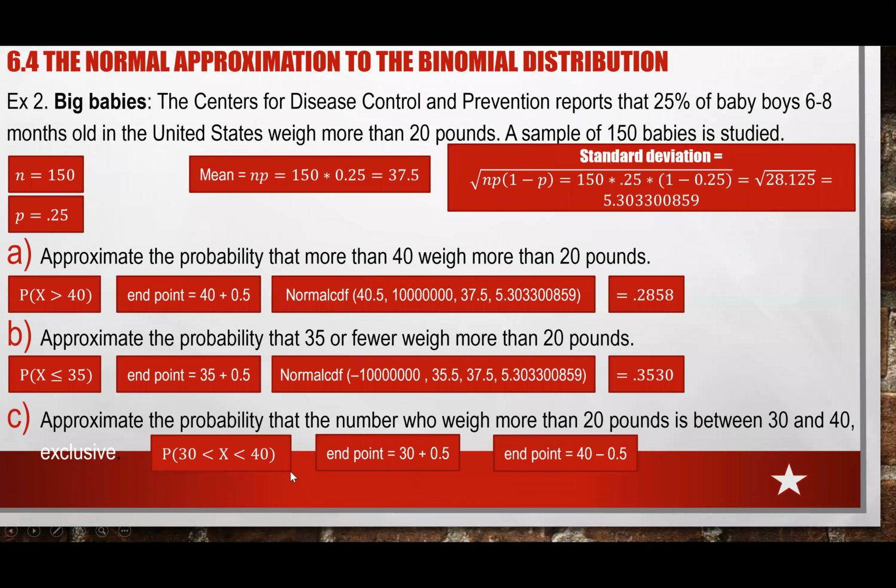So in my normal CDF, the lower limit is 30.5, my upper limit is 39.5, my mean is 37.5, and my standard deviation is 5.303300859. And once you have that, that will be your probability. That will be the approximate probability of this region.